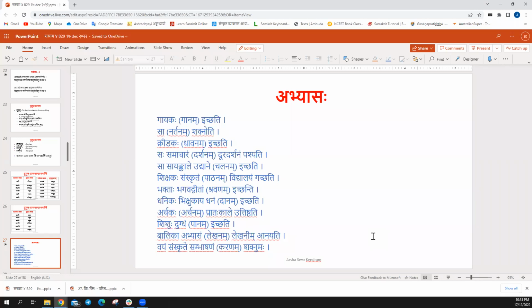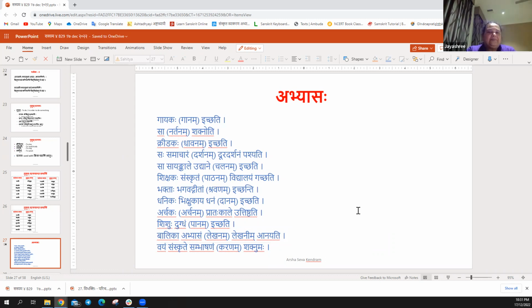Okay, Shishuhu dugdam patum ichati. Very good. So what is the meaning? The child likes to drink milk. Yeah. Shishuhu, baby.